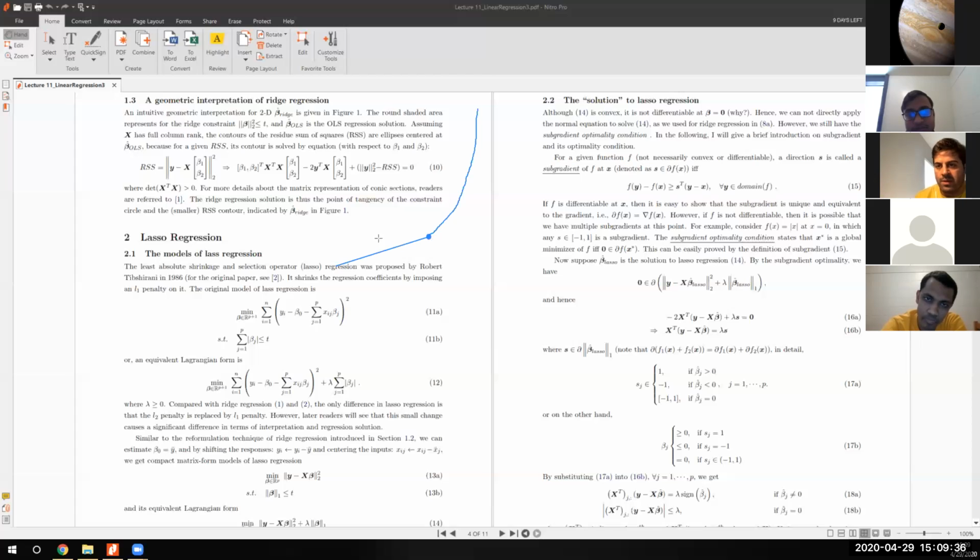So what I want to show you is this is a line and this is a convex curve. For example, clearly at this point it's not differentiable, right? And then subgradient tells me that any s satisfying this condition is a subgradient.